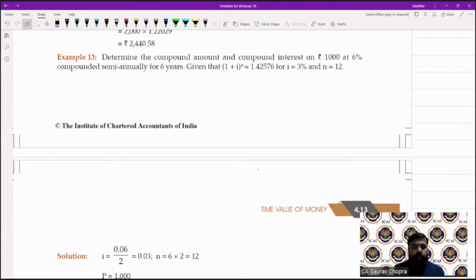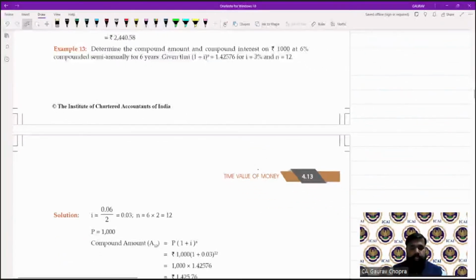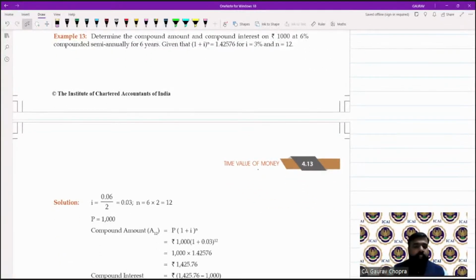Now you can go for example number 13. Determine the compound amount and compound interest. So amount you have to calculate, and compound interest also you have to calculate on rupees 1000 at 6% compounded semi-annually.